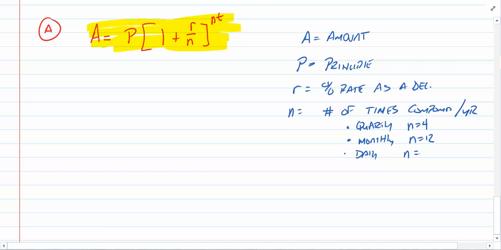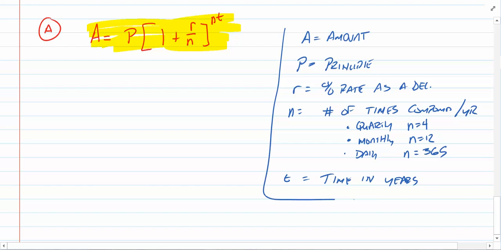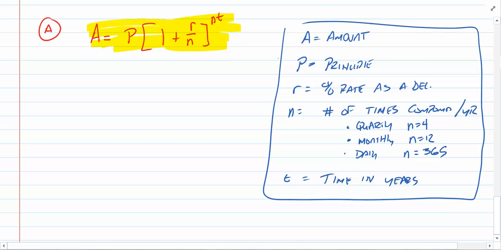How many days in a year? 365, right? There's 365 days in a year. So N gives you the number of times we're going to compound per year. And that could vary. It could be quarterly, monthly, or daily. And then T, of course, is equal to time in years. Okay, so this information is very handy and tells you what each of those pieces are right over there.